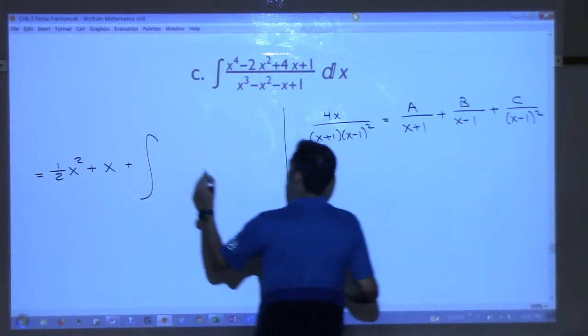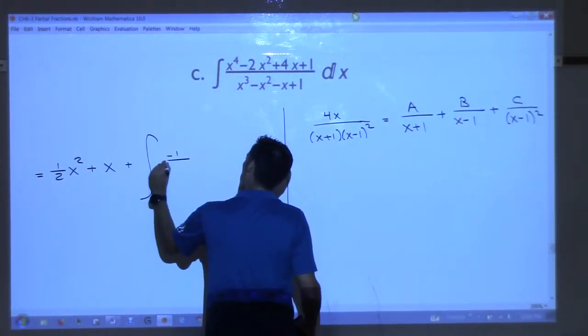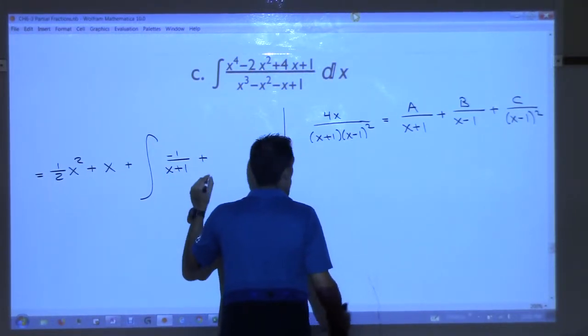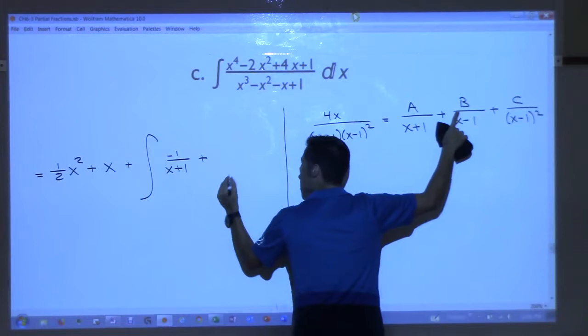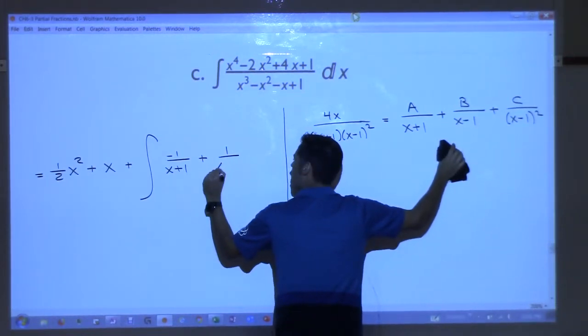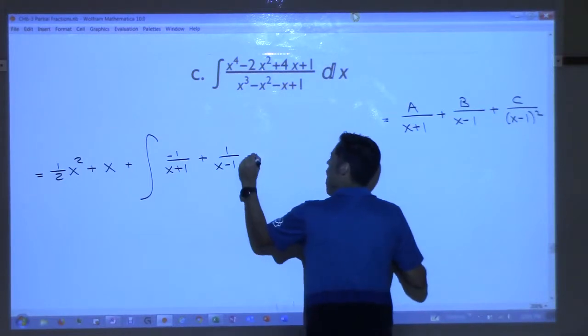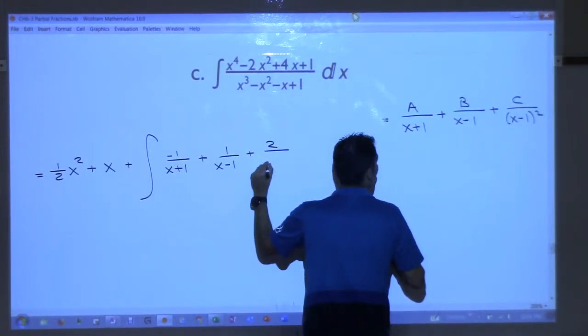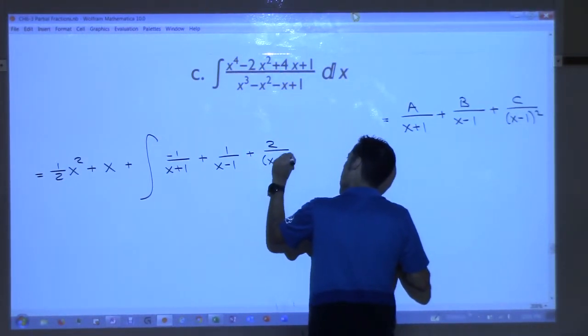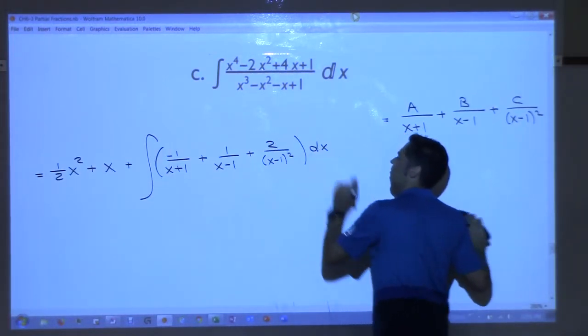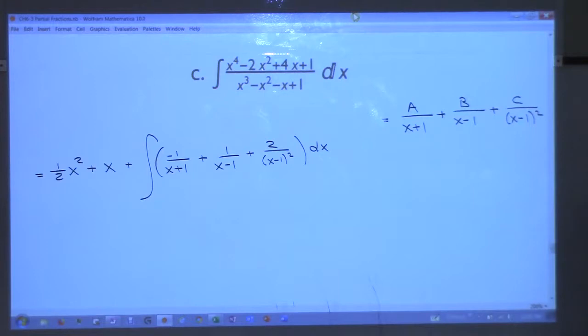So we have negative 1 over x plus 1. And then we have plus, what was b? B was 1, so 1 over x minus 1. And then what was c? 2, so plus 2 over x minus 1 squared. Okay, all of that dx. We're integrating.